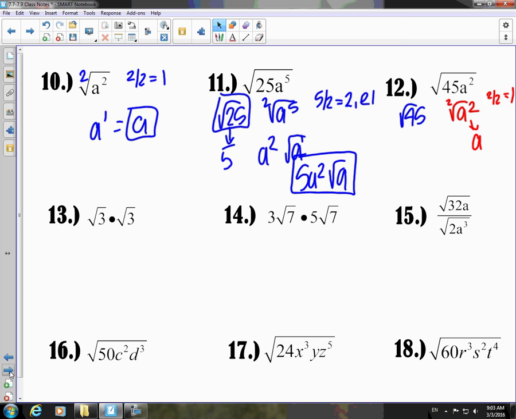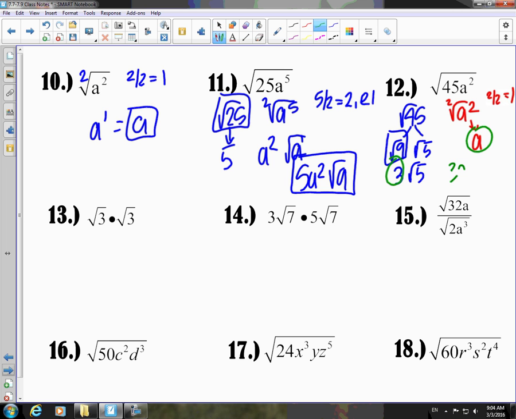Now, if I go back to 45, 45 is not one of the ones off my sheet, so I want to find something that breaks it down evenly, and I know that 9 and 5 go into 45, and 9 is on my list, and the square root of 9 is 3, and then I have the square root of 5. So when I simplify this, I want numbers that go outside. They don't have a square root to go together, so 3a, and then the pieces underneath the square root separately, so the square root of 5.